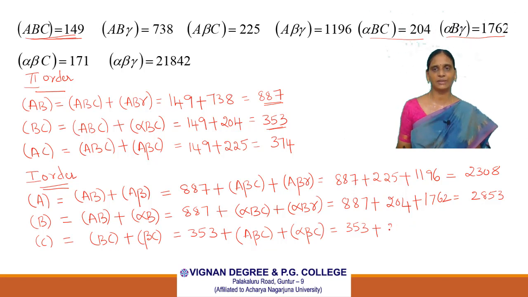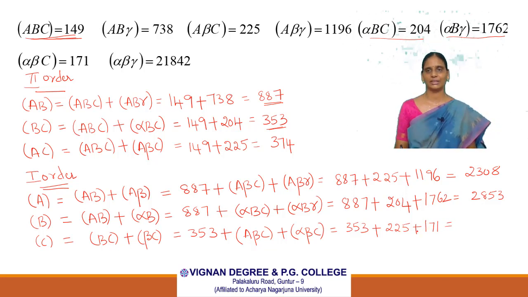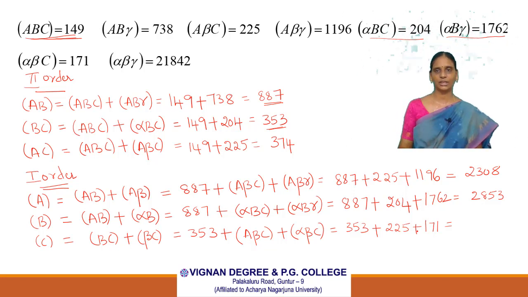Frequency of A beta C value is 225 plus frequency of alpha beta C. This is equal to 171. 353, 225 plus 171. So sum of the three values is 749.